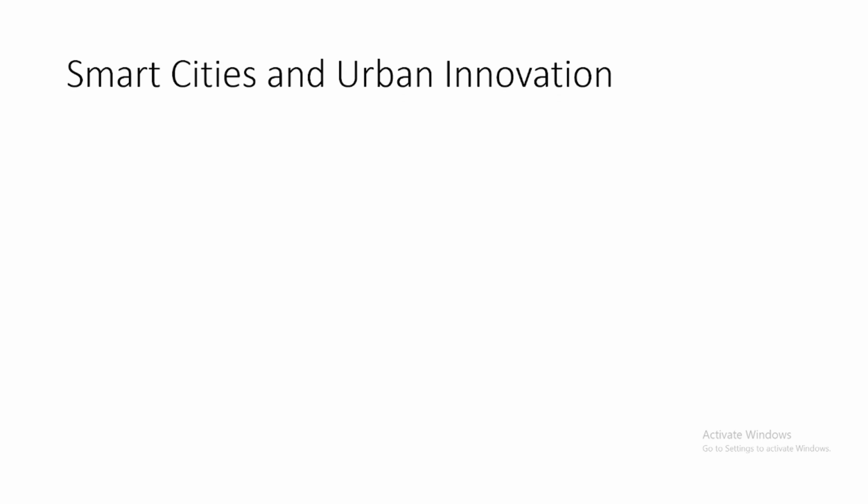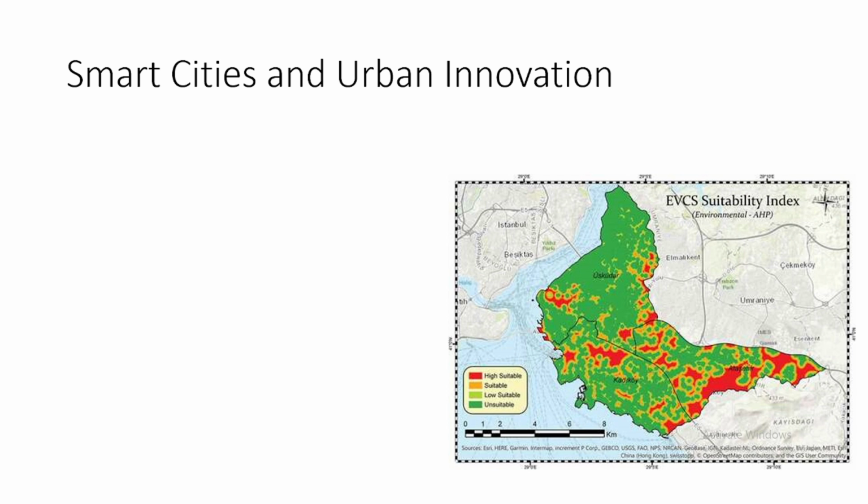So basically in smart cities we can easily find out a suitability index, mainly for EV, electric vehicle charging stations. Okay, electric vehicle service charging stations we can also find from here. Suppose EV charging station suitability mapping.